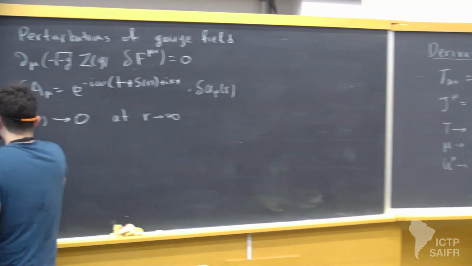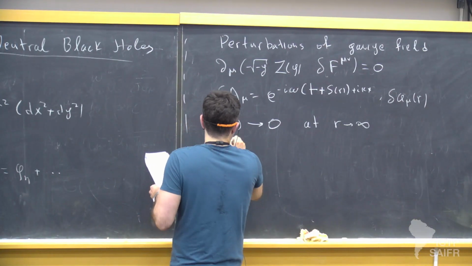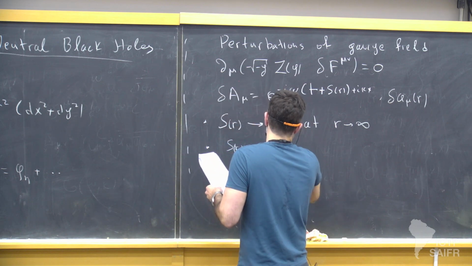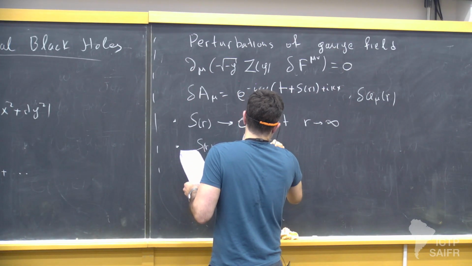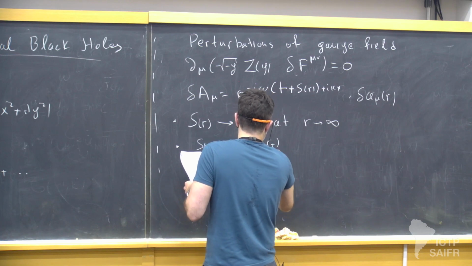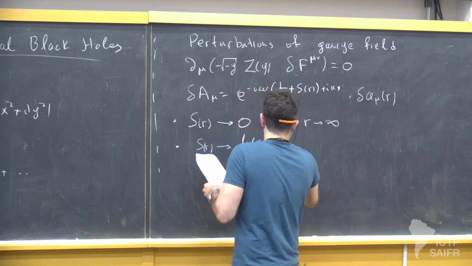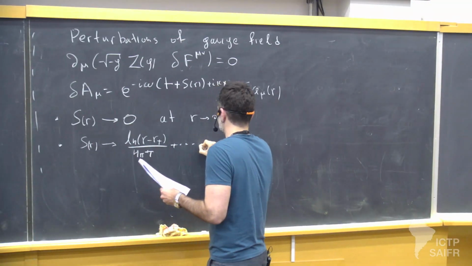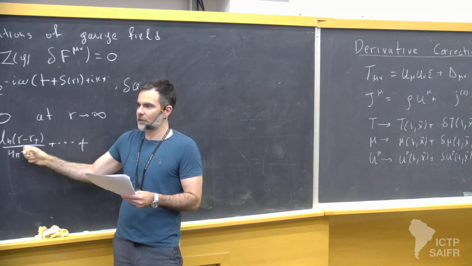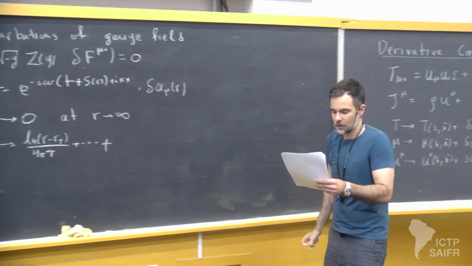Now, close to the horizon, which is at r plus, s of r, I want it to go like the log of r minus r plus divided by 4 pi T, plus other stuff. Okay, so the most singular behavior of s close to the horizon, I want it to be this log.